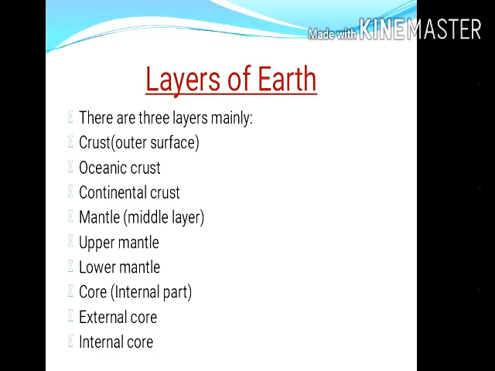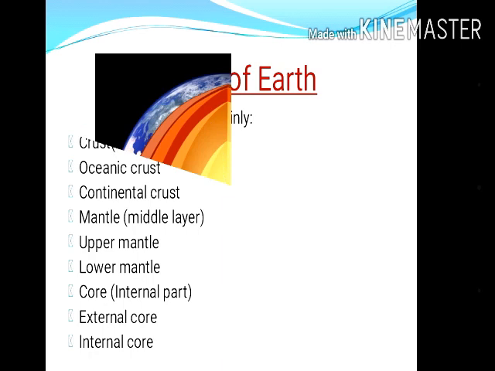Layers of earth. There are three layers mainly: crust, the outer surface; mantle, the middle layer; and the core, the innermost part. Crust has two parts: oceanic crust and continental crust.